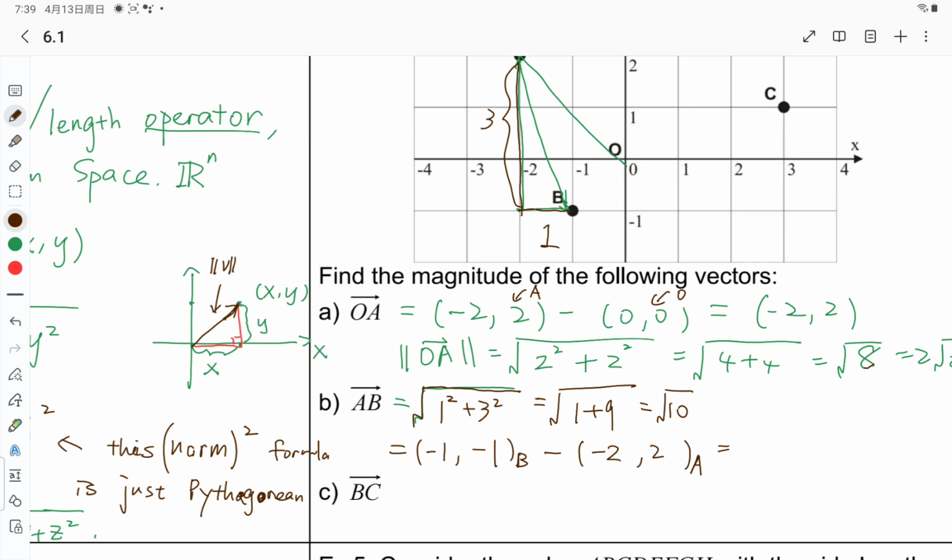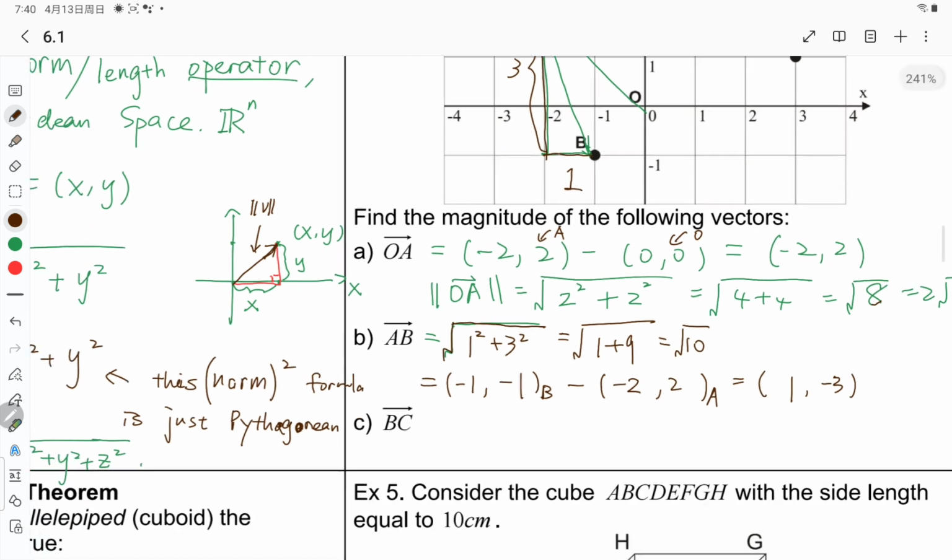And this is -1 plus 2, which is 1, and -1 minus 2 is -3, so it is (1, -3).